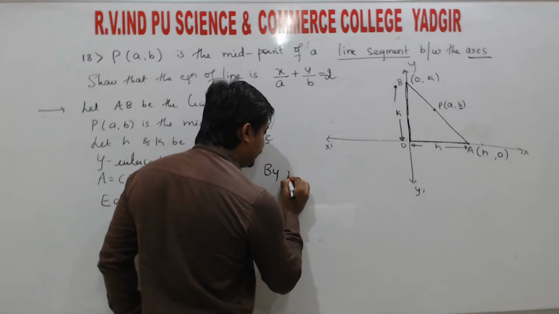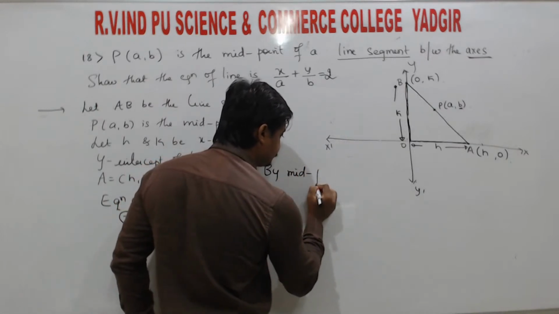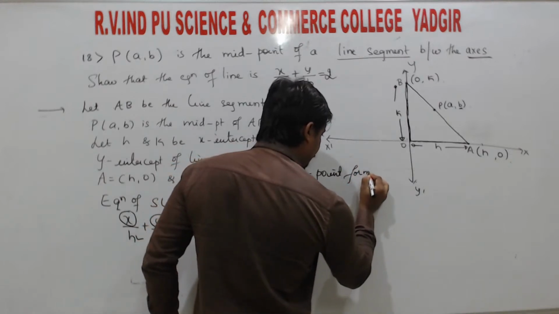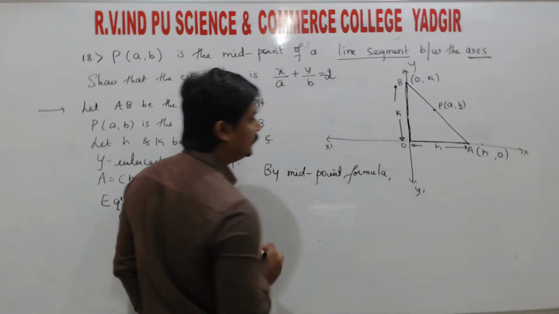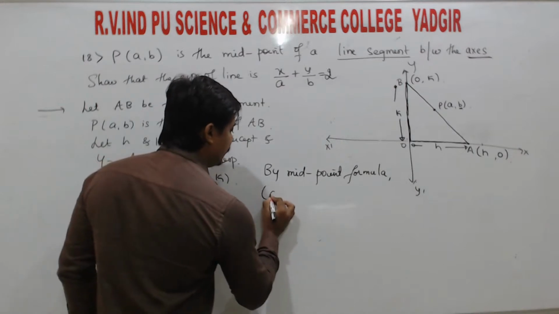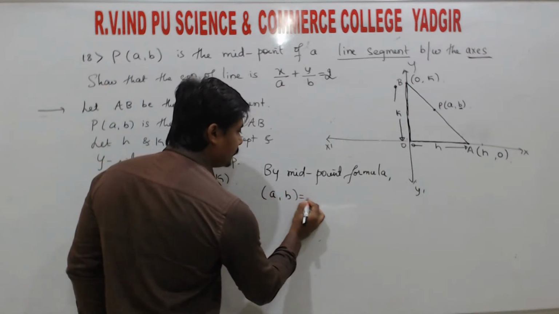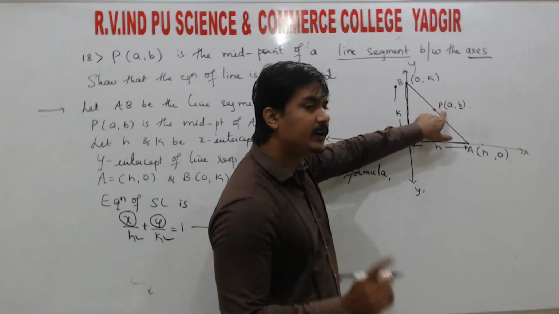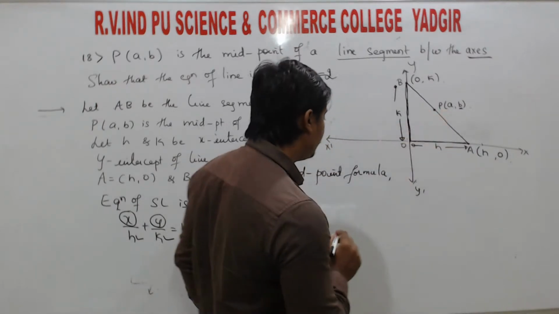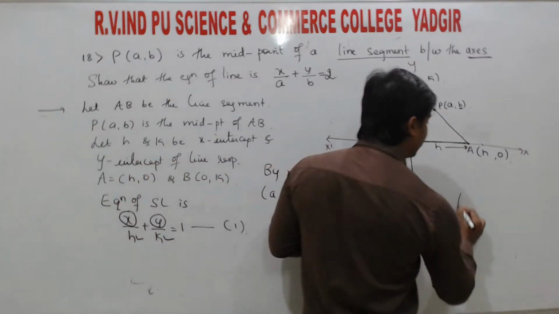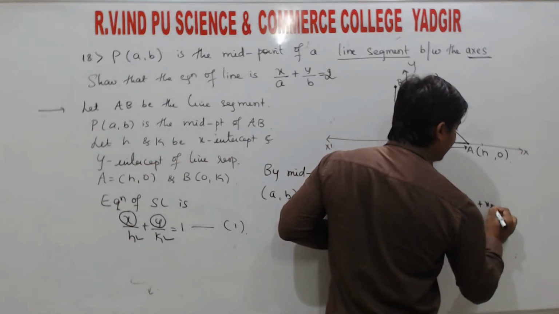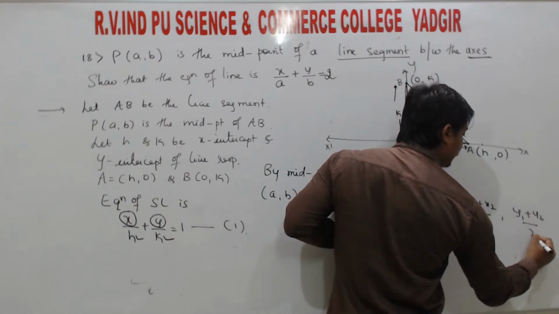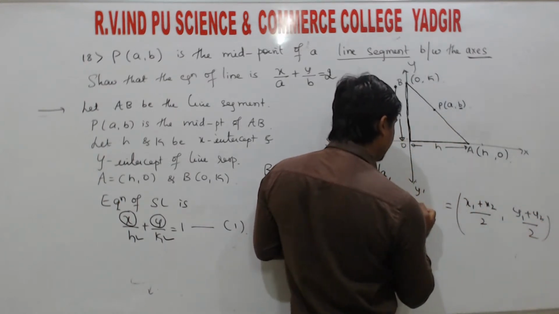By the midpoint formula, (a, b) equals... this P point is the midpoint, ಹಾಗಾಗಿ ನಾನು midpoint formula ಯೂಸ್ ಮಾಡ್ತೀನಿ. ಸೊ midpoint formula ಏನದ ಎಲ್ಲರಿಗೂ ನೆನಪಿದೆ? (x1 plus x2) by 2, (y1 plus y2) by 2. ಈ ಕಡೆ ಏನಿರುತ್ತದೆ?